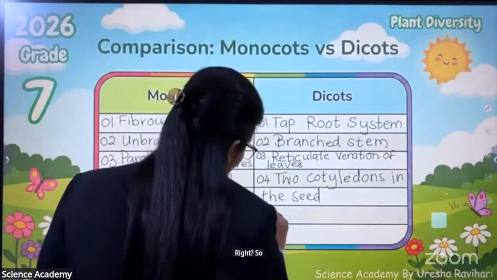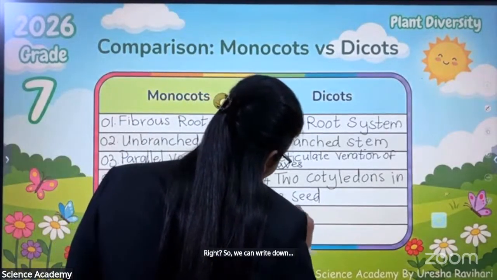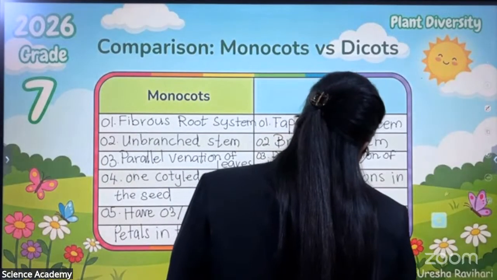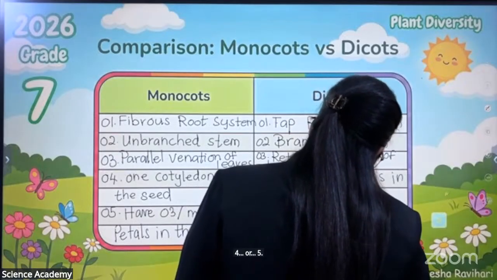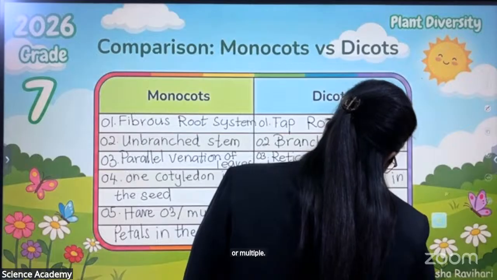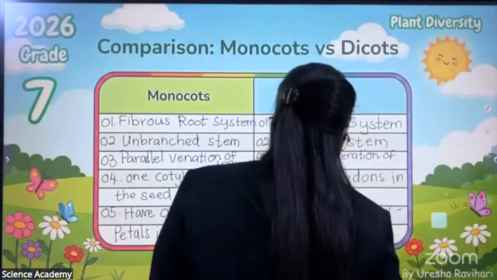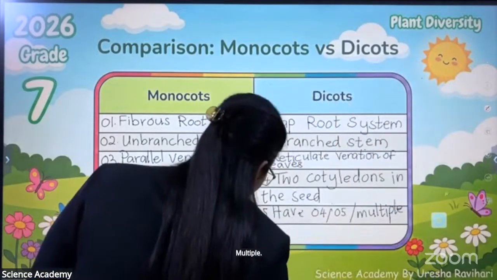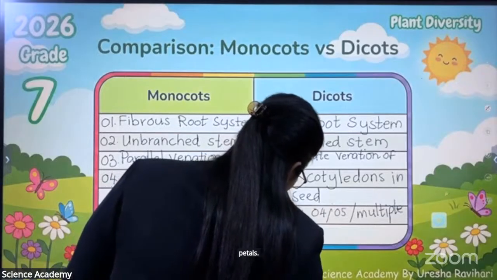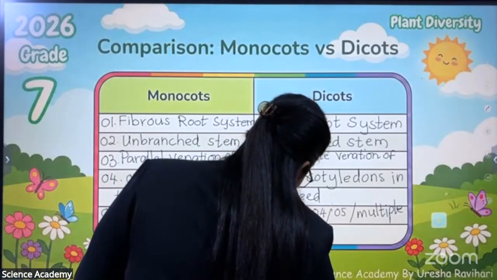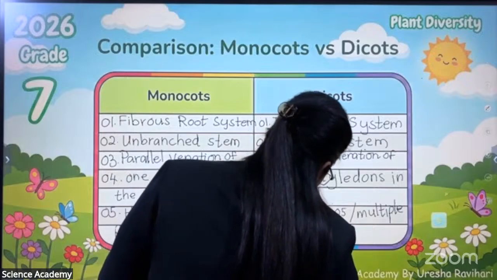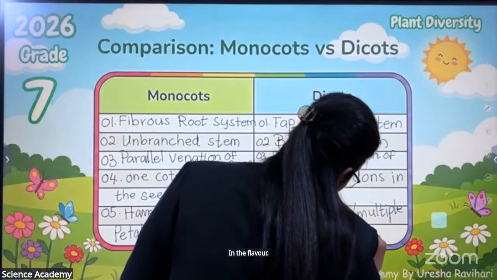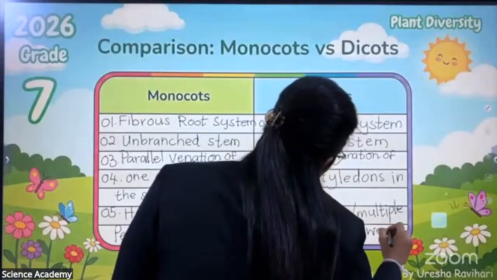Dicots have four or five or multiple petals in the flower.